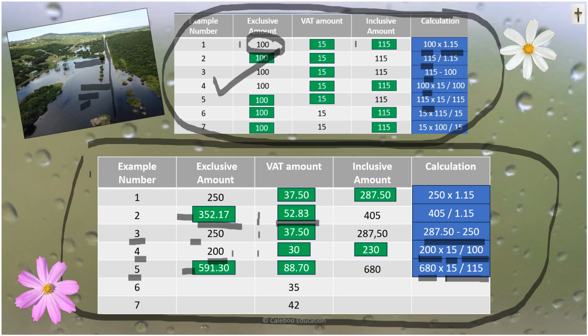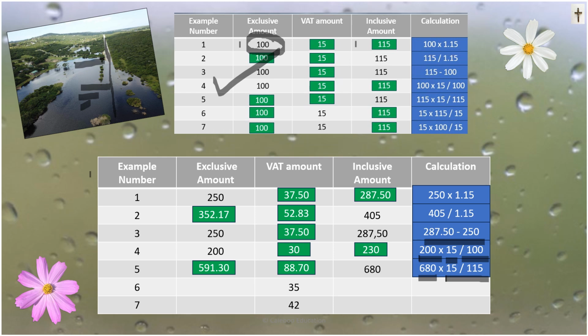Let's clean this up a little bit before we get on to number 6 and 7. In number 6 and 7, I find these calculations a little bit more difficult, but once you've practiced, you're going to be experts at calculating the exclusive amount, the inclusive amount, and the VAT amount. So number 6, the VAT amount is 35. Let's work to the inclusive amount, the full amount, which is 115%.